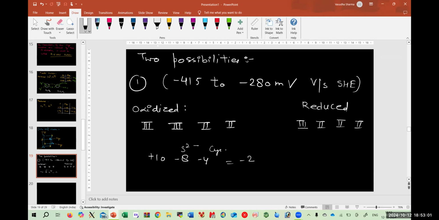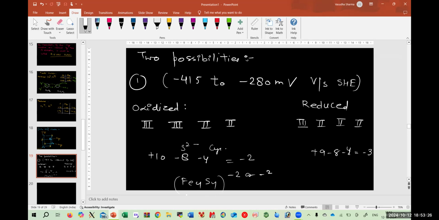right? So in that scenario, and when we are reducing it, in the reduced state it would be +9 -8 -2, that is -3, right? So in this particular case, we have a total net of Fe4S4 of either -2 charge or -3 charge, and more negative.